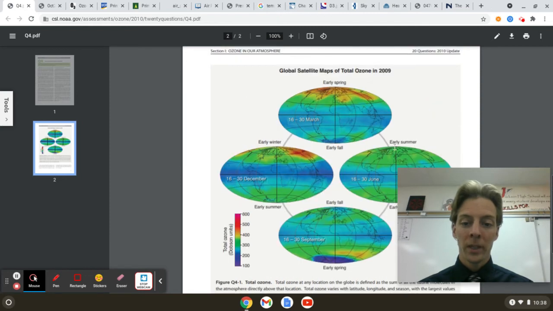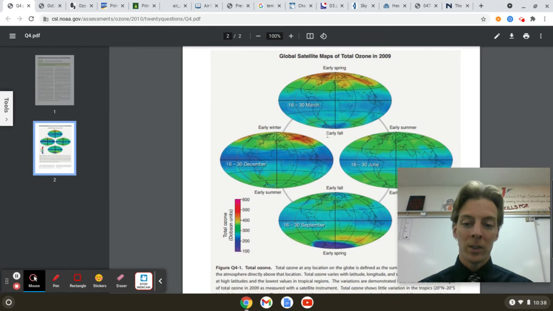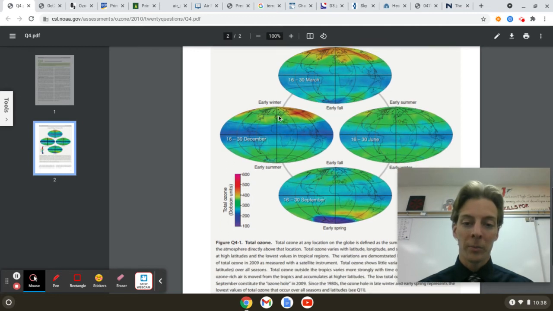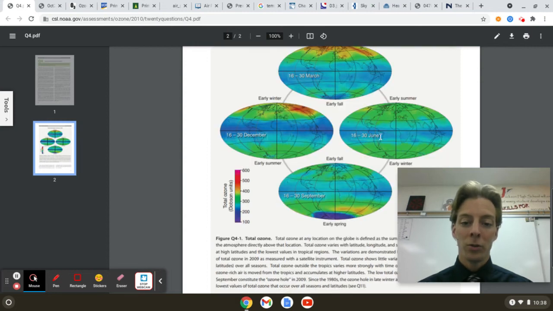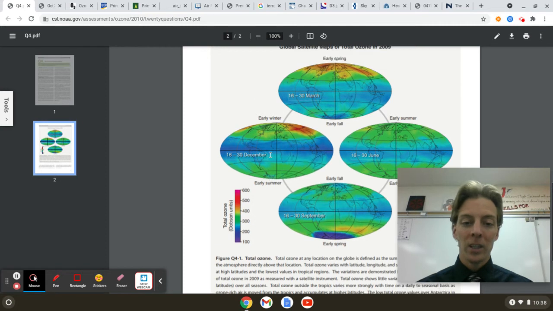So, spring, summer, fall, winter. If you read the bottom, fall, winter, spring, summer, that's the southern hemisphere. So, how about this? March, June, September, December. Going clockwise like that. You see that the amount of ozone changes.